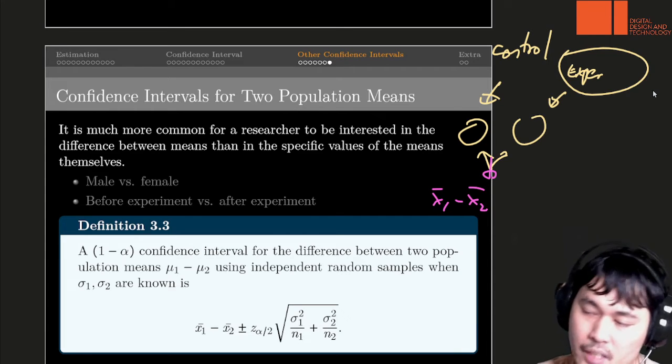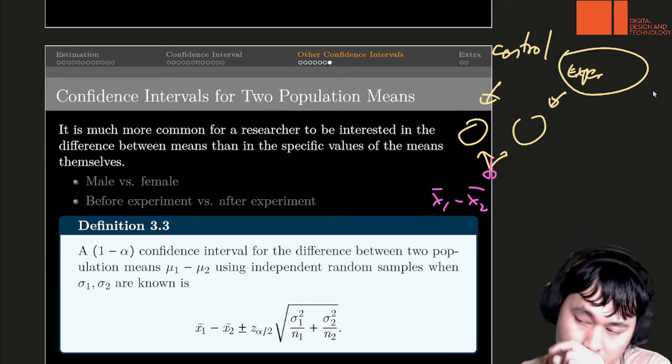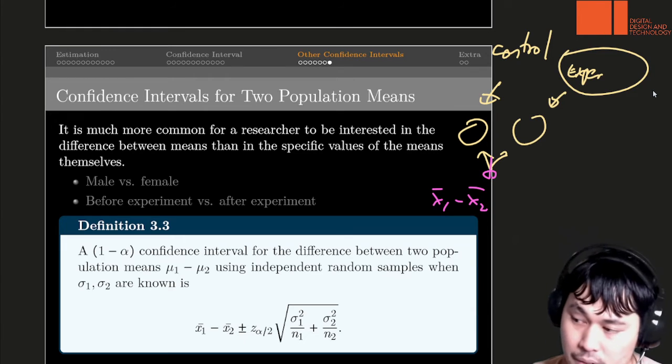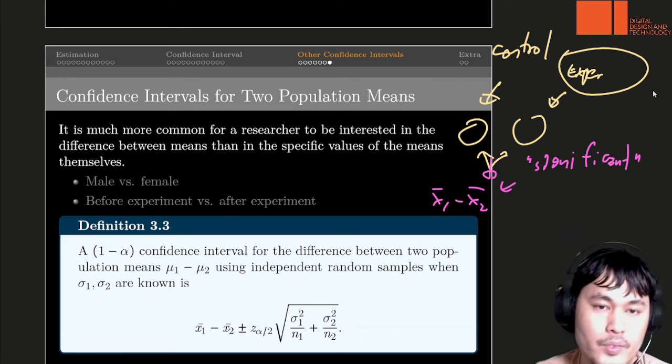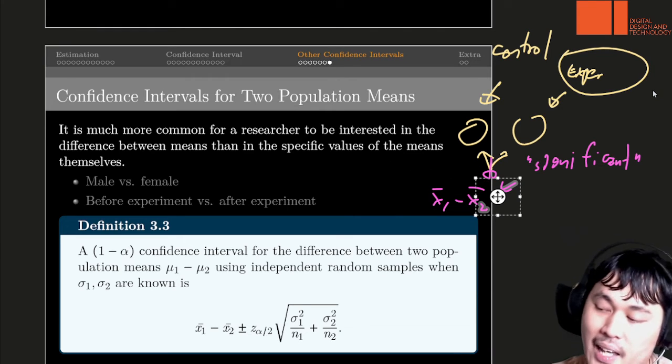And once you finish the experiment, you get the average score of the control group versus the average score of the experimental group, and you want to see if they have a significant change. So it is true that people who drink tea before the exam do better, get a higher score.